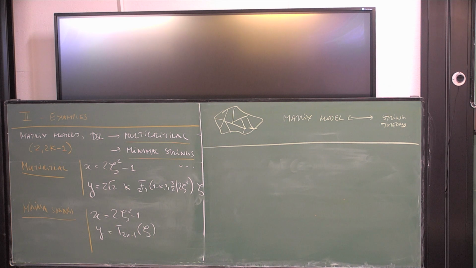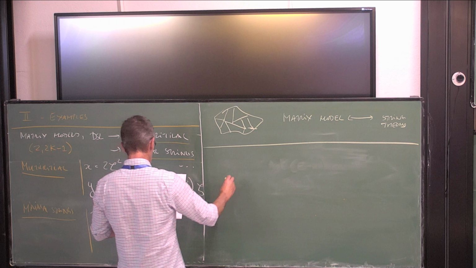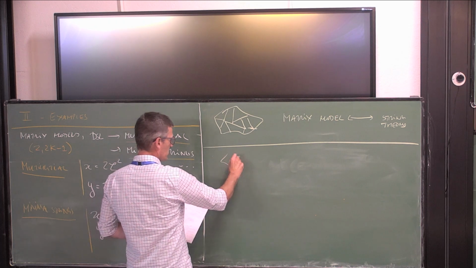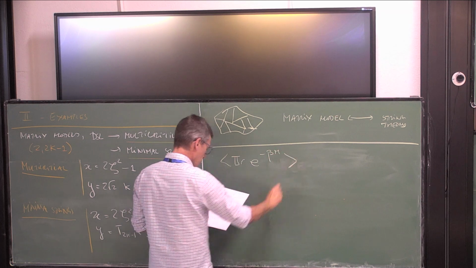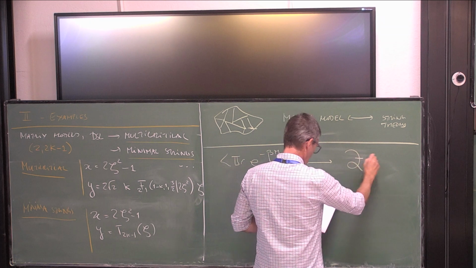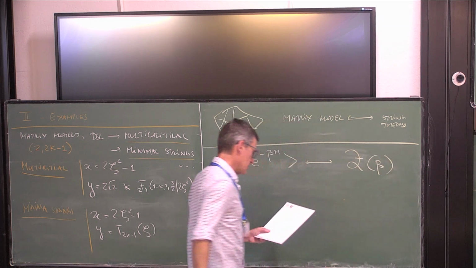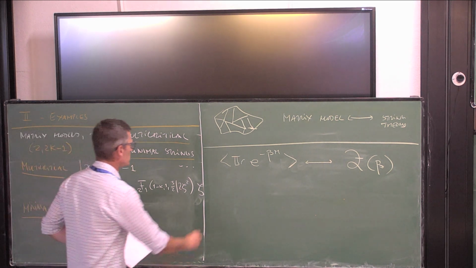And another way to basically do the same, perhaps a more modern approach, is to compare these sort of correlators in the matrix model side with the thermal partition function on the bulk spacetime, and this also gives you another way to do these things.